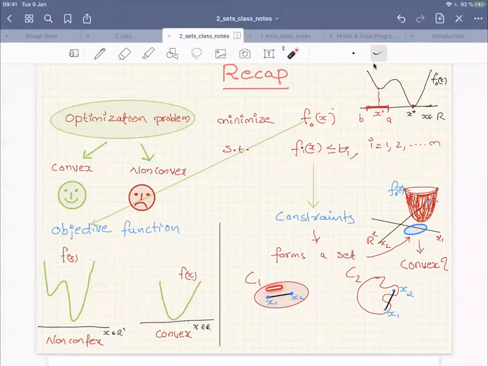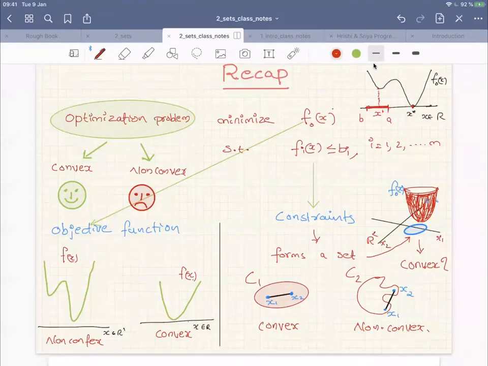So here, if you take any 2 points and draw a line, it will be within the set. But in this set, if you take these 2 points and draw a line, this part is not within the set. So that means this set is convex and this is non-convex. Now, in this class, we will define convexity and non-convexity more formally.